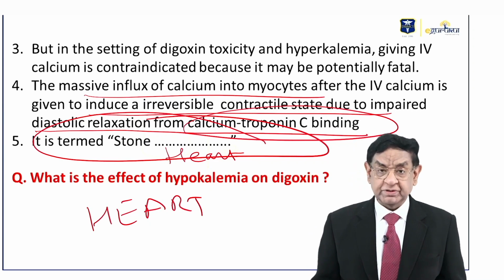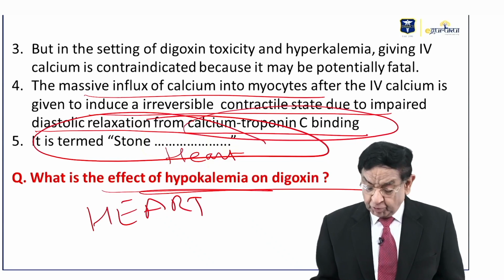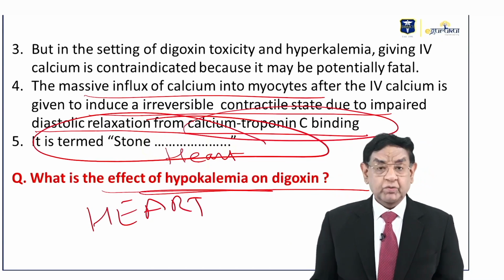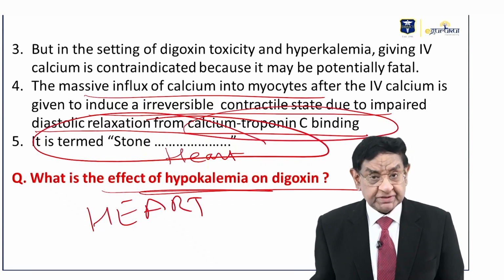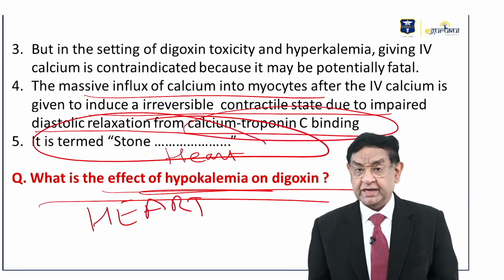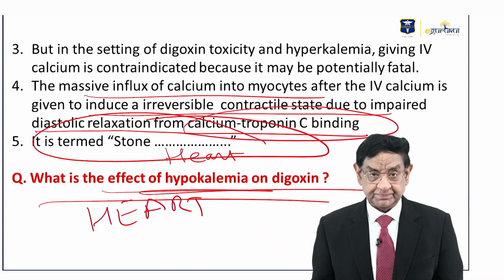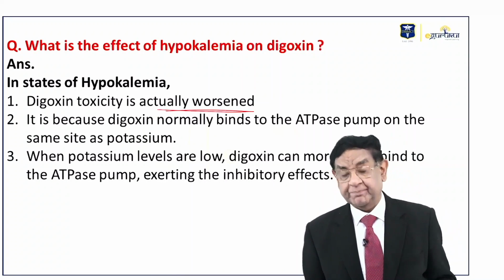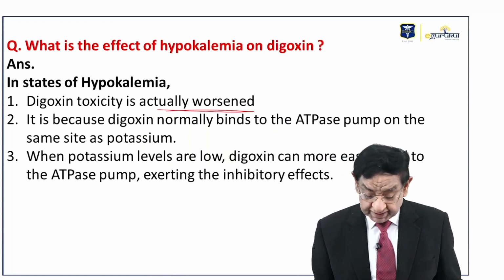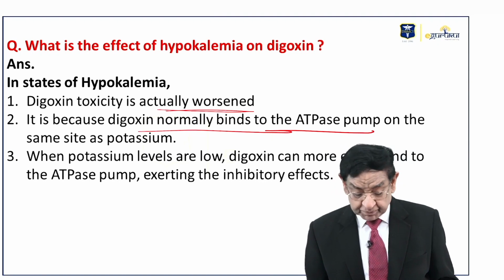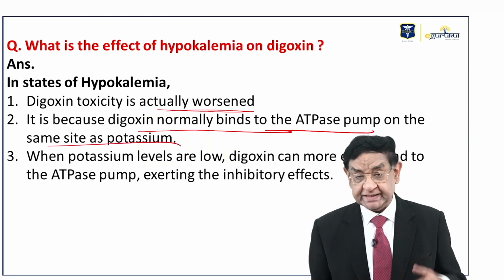Now, I told you in the very beginning, digoxin leads to hyperkalemia. Well, I have a question. Now, this is a question for you. Write down the answer. What is the effect of hypokalemia on digoxin? Digoxin toxicity actually gets worsened with hypokalemia. Why? Digoxin normally binds to the ATPase pump on the same site as potassium, as I told you.